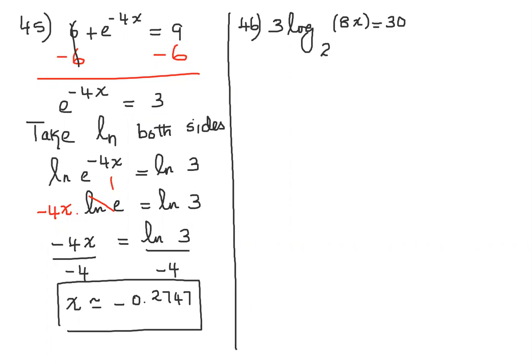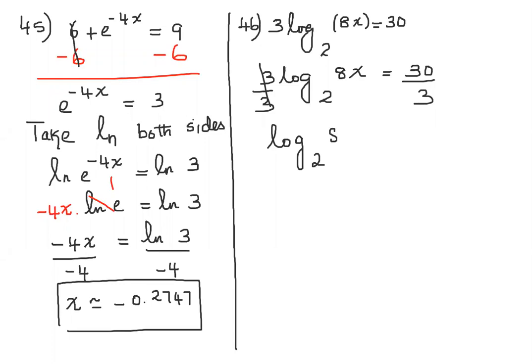So in this case, I'm going to divide both sides by 3. And here the base is 2, so make sure we include the base every time we write the log. So log with base 2 of 8x equals 10.